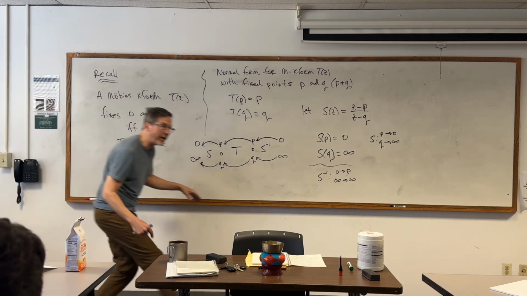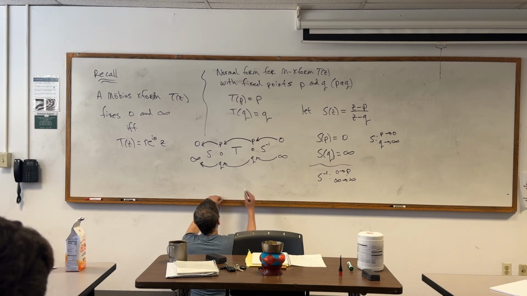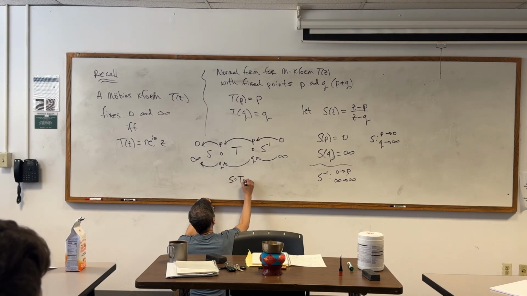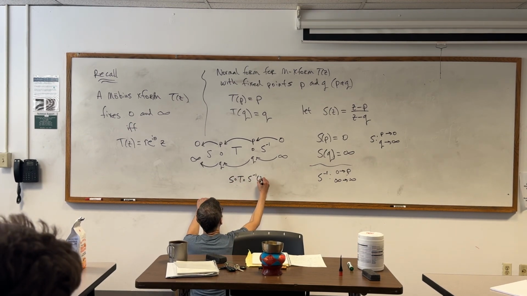So what I'm creating is a transformation that looks like S composed with T composed with S inverse, of Z.